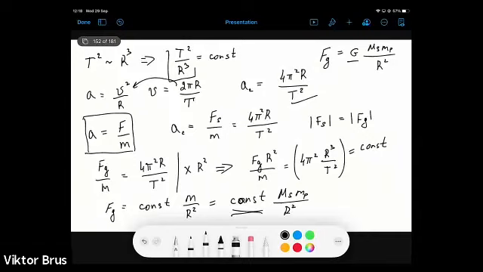Okay, so now we can proceed further and consider such concept as gravitational field.